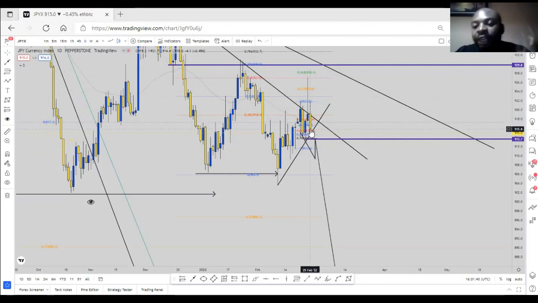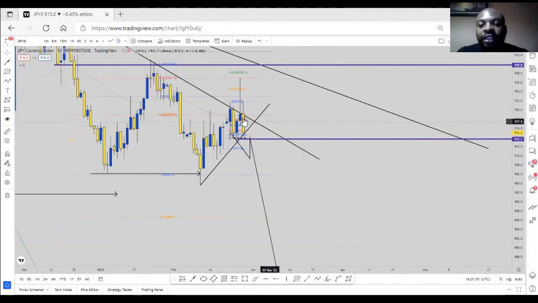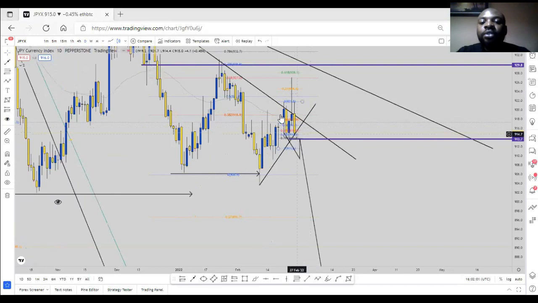That failure to continue bullish was already an indication that price is going to crash lower. And then the next pattern that formed was a bearish engulfing, telling us retailers are selling across board. Retailers want to sell the yen across board.